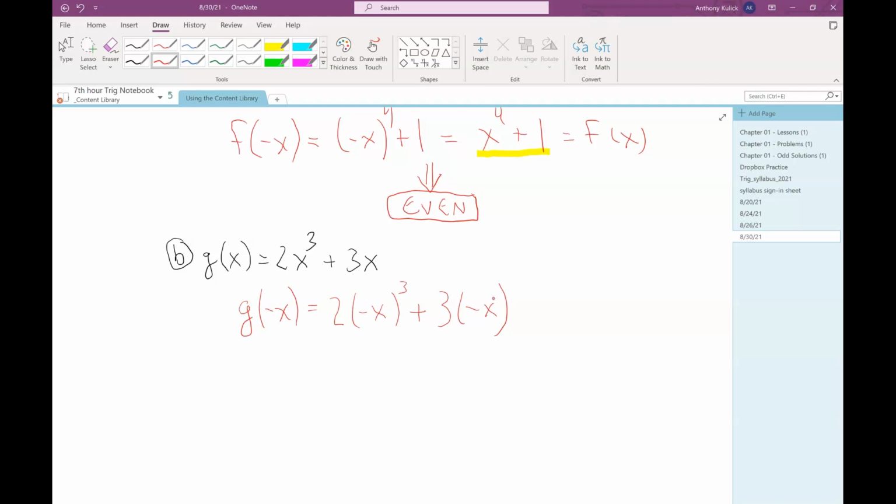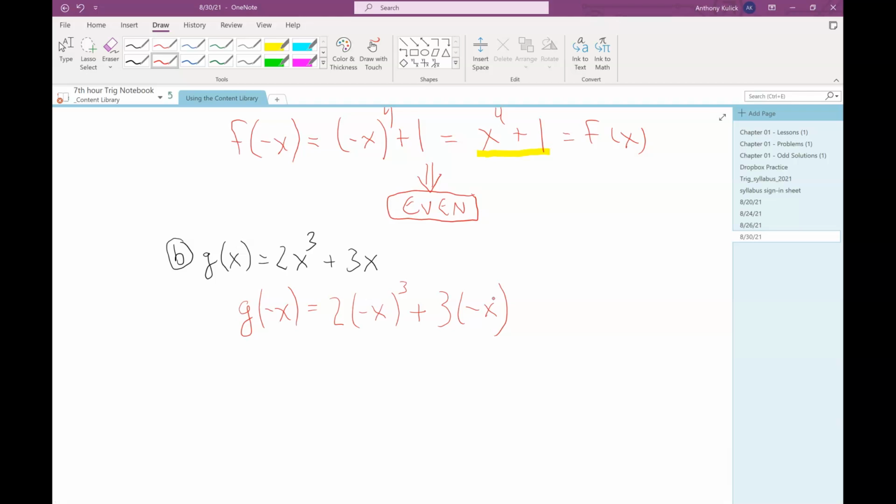Negative x to the 3rd. Again, we do exponents first, right? So negative x to the third is negative x times negative x times negative x. 3 negatives is negative. X times x times x is x to the third.